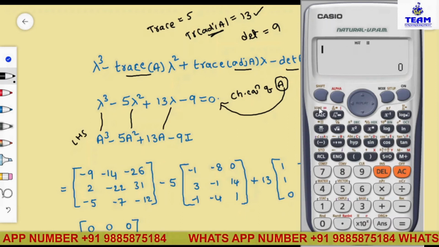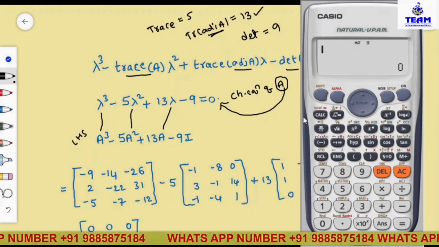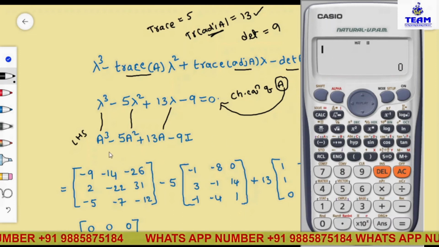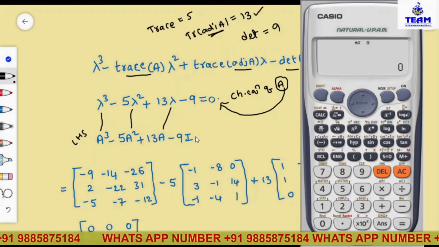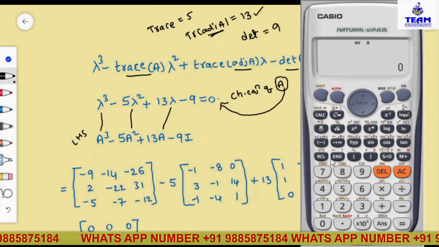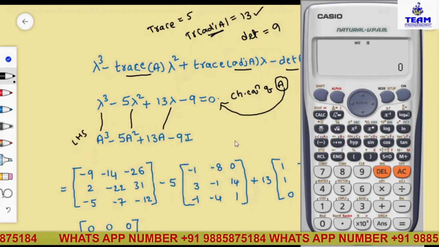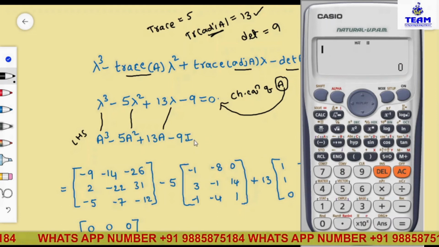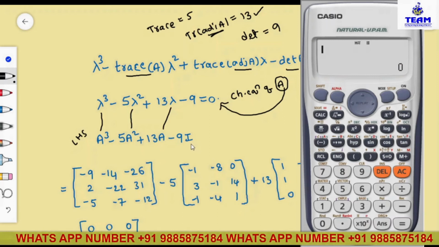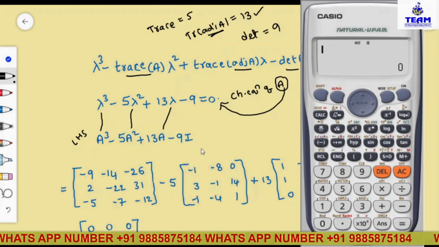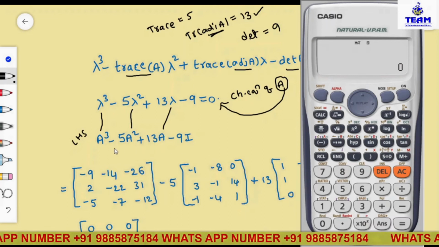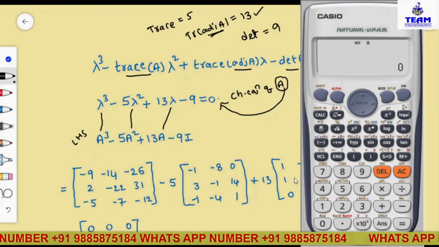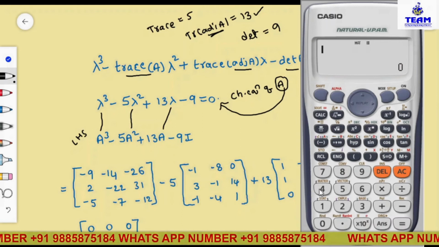Now for the verification of the Cayley-Hamilton theorem, you write down A cube minus 5A square plus 13A equal to 9I, because we are given only Mat A, not Mat B. If you want, you can give Mat B as an identity matrix also, then if you write the polynomial in the calculator, you will get 0 0 0, 0 0 0, 0 0 0. Anyway, I am taking these three only for verification purposes. So you see, friends, whether it is correct or wrong we can verify.